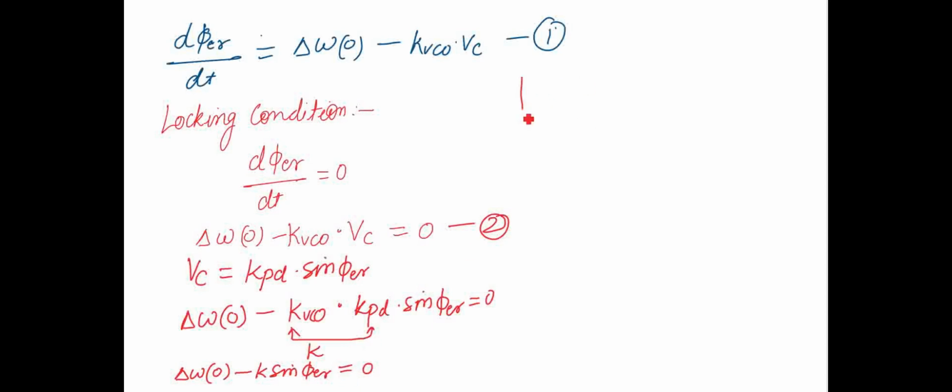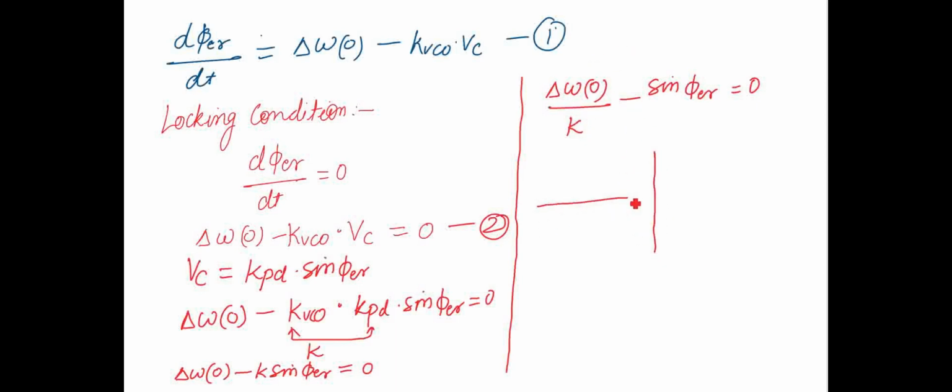Or we can say Δω0 by K minus sin φ_error equals 0. If we want to plot it, how will it look?